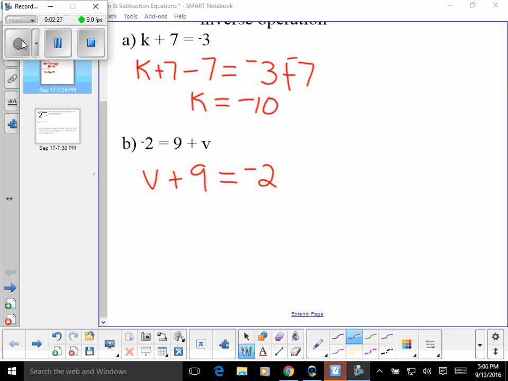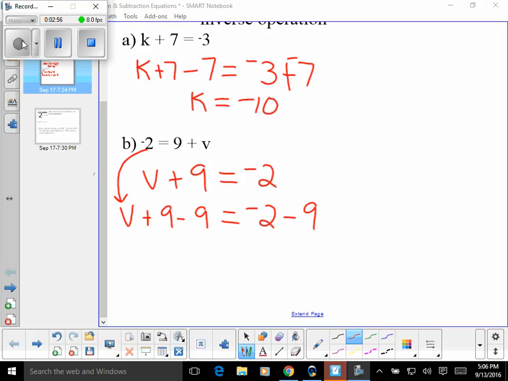Now we can go about the solution. v plus 9 minus 9 equals negative 2 minus 9. In fact, if you want to go right to this step of v plus 9 minus 9 equals negative 2 minus 9, you may. You do not have to write v plus 9 equals negative 2.